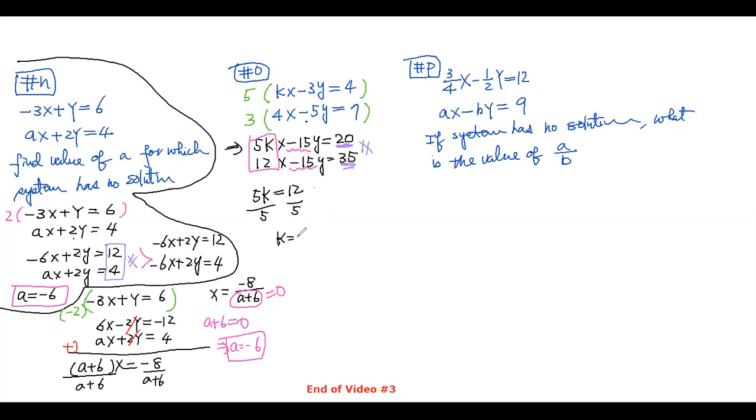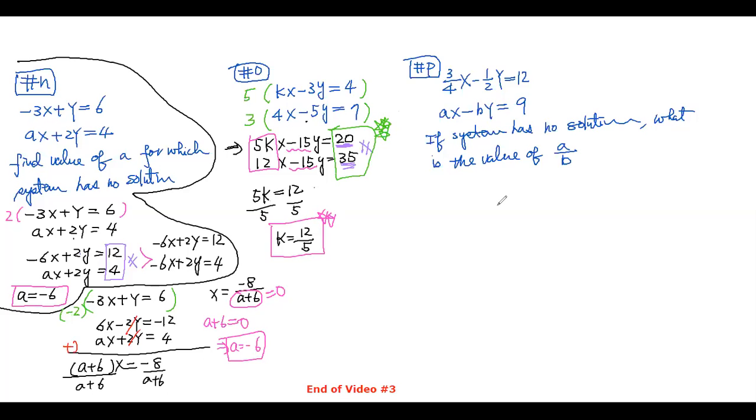So k is equal to 12 over 5 here. That's our solution. So when k equals 12 over 5, all the coefficients in front of my x and y are matched, but my number doesn't match. That's good. That means I have no solutions.